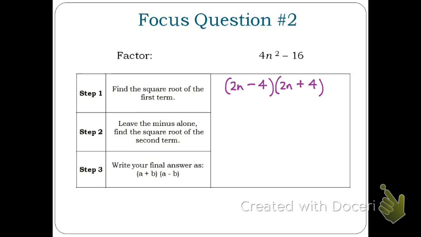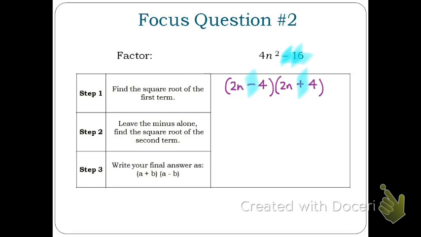Just something to remember. When we FOIL, ultimately you want to see you're taking a negative times a positive. What would that ultimately come out as? A negative. So negative 4 times positive 4 should always give us negative 16. And that's one way we can look at that.